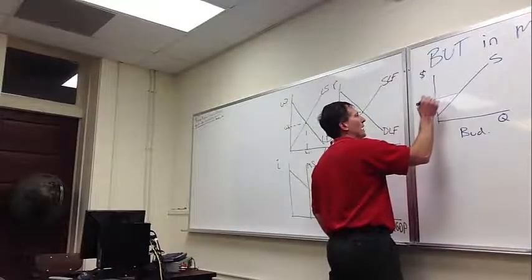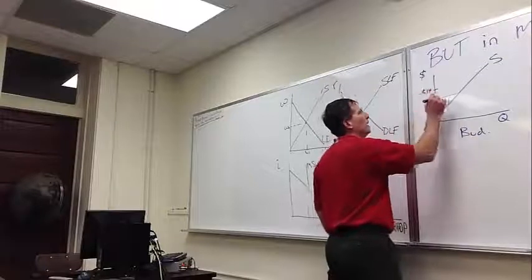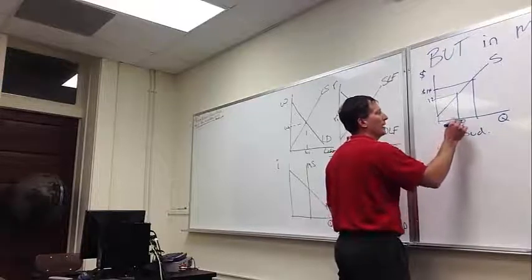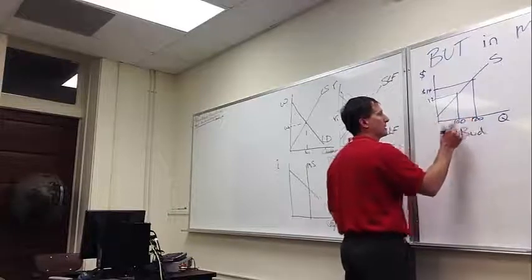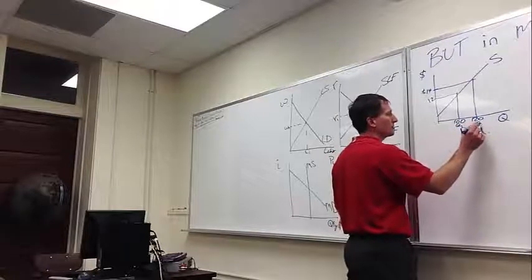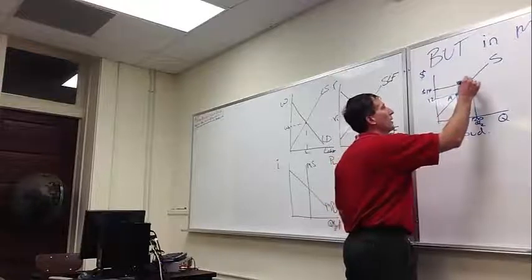If the price of the 12-pack goes from $12 to $14, then Bud is more than happy to supply 20 cases more. The quantity supplied jumps up from Q1 to Q2. We move from point A to point B.